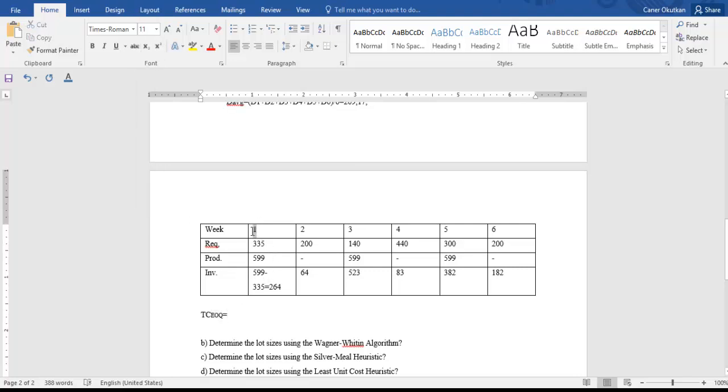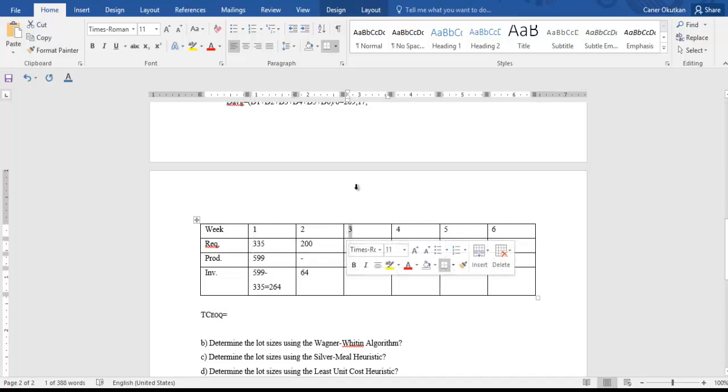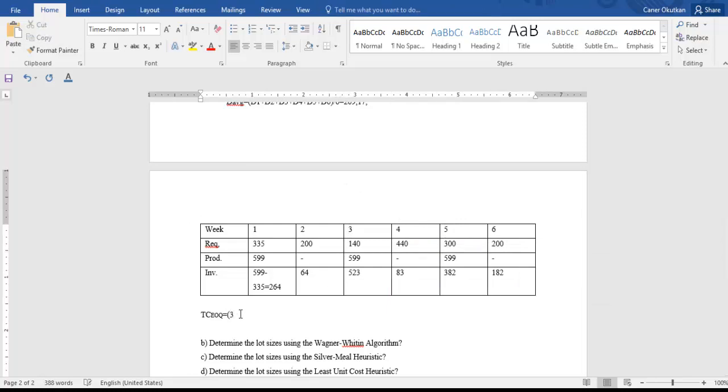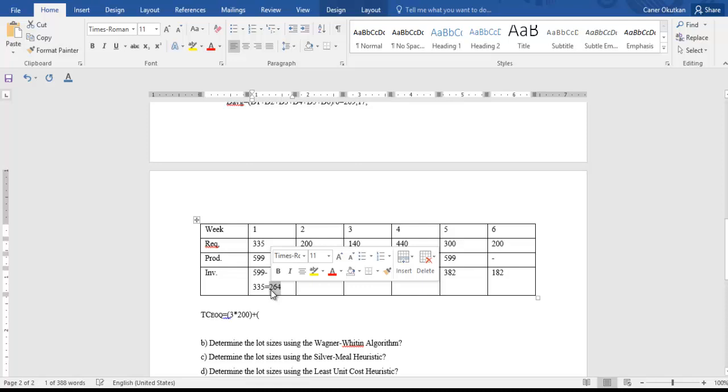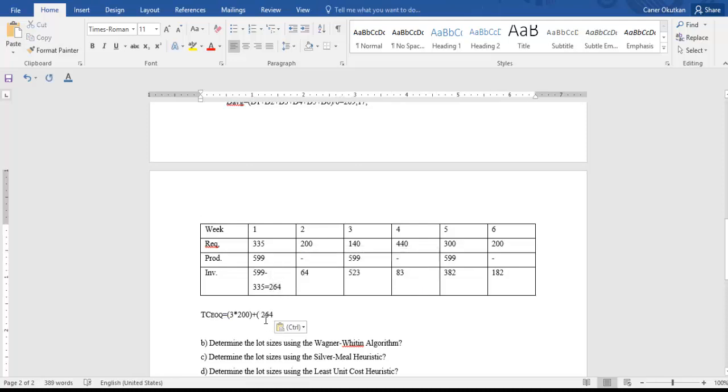We have 3 order points: 1 week, 3 week, and 5th week. 3 multiply setup cost plus inventory: first week 264 plus second week 64 plus third week plus fourth week plus fifth week plus sixth week.